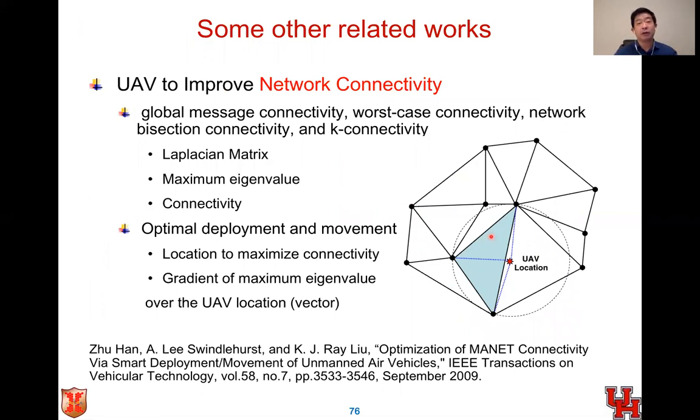The second example is my last work in my PhD, my postdoc. Basically I have a UAV that I'm trying to fly into the network. Those are either a UAV network or ground users. I want to fly to the location where the overall connectivity is the highest. So how can you quantify the connectivity? This is a graph.